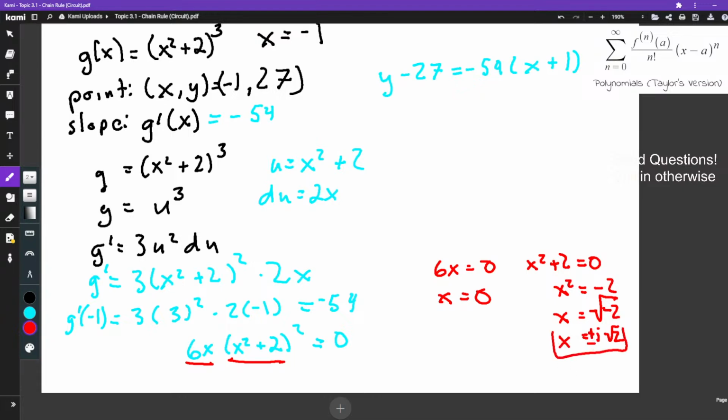So this one we don't need. So the answer is just when x equals 0. That's the horizontal slope one, where you just set the derivative equal to 0, leave it in factored form, and then you set the parts equal to 0.